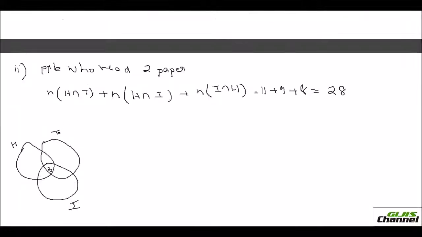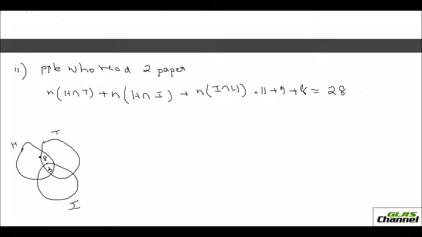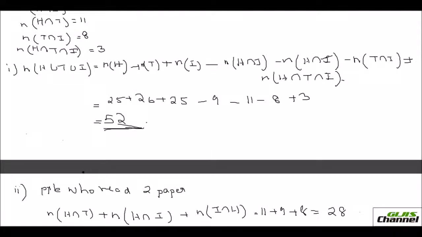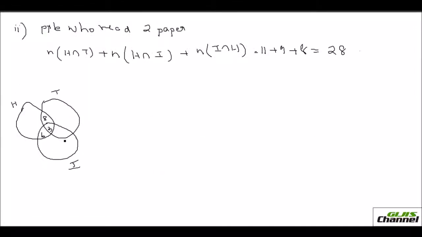So you have 11 out of which 3 is already written. So here you will have only 8. H and I is 9, so here you can take 6. And then they say T and I is 8, so here you can take it as 5.